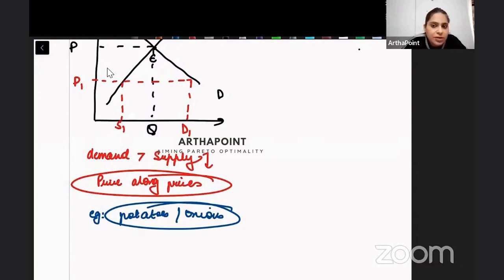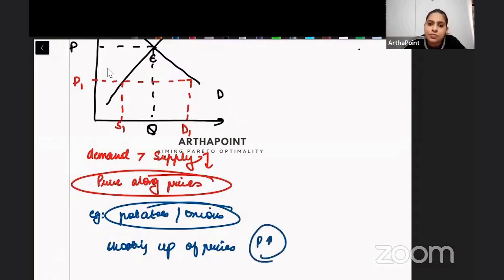What happened? Prices shot up. Prices will increase whenever supply is less, because there is limited supply and more people want that product. They will be willing to pay more and more for it, so price will slowly start increasing.